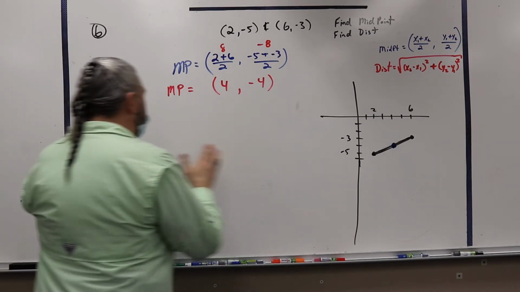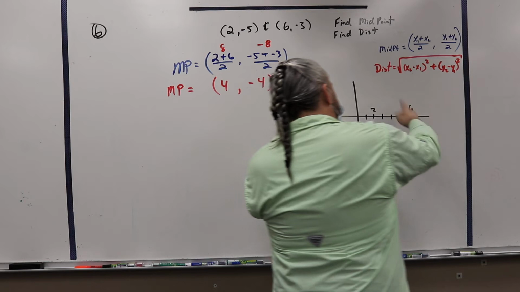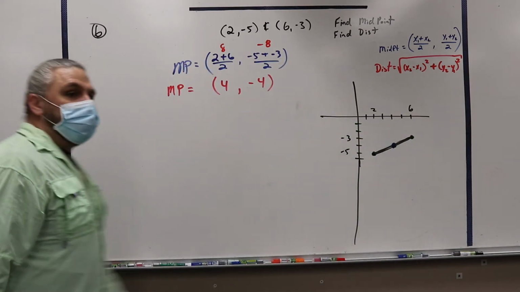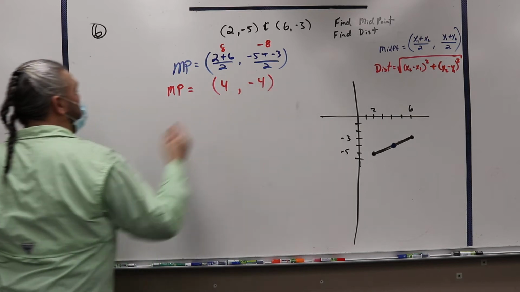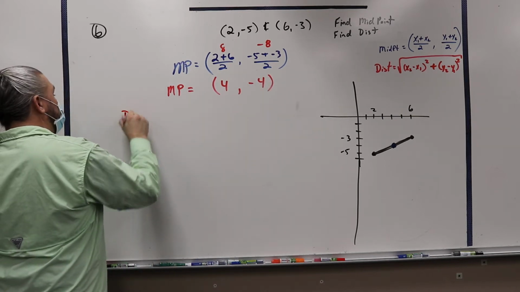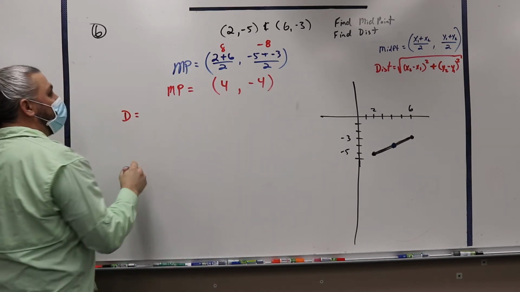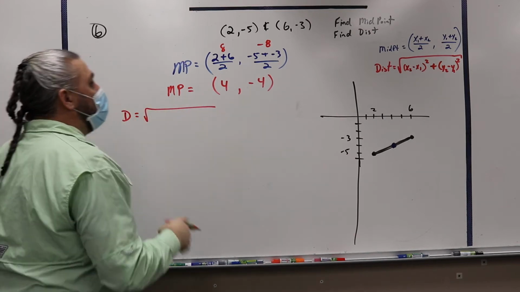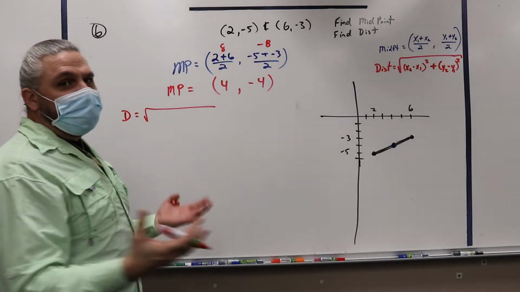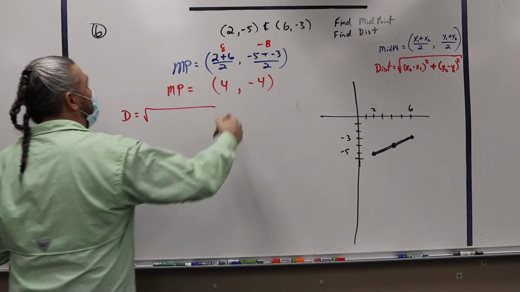All right. So the next step is, let's figure out how long this distance is. Okay? So, distance formula says that the distance is equal to the square root of, and so we take the difference of the x's, right?